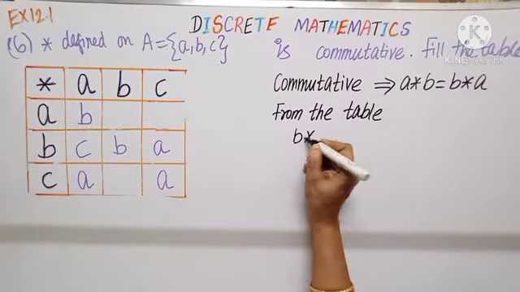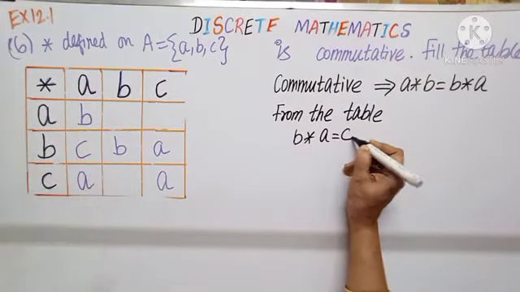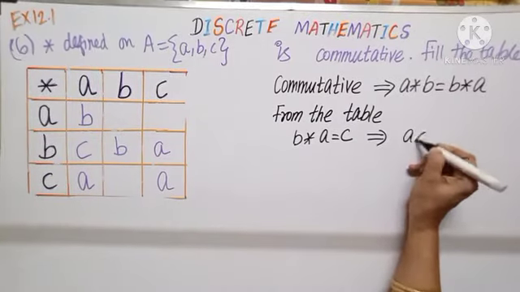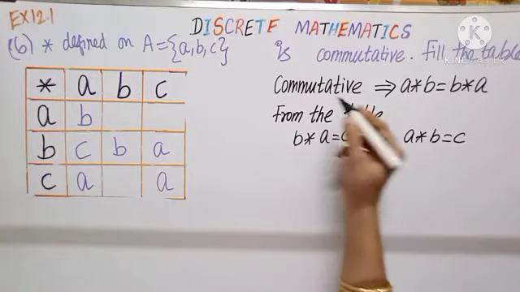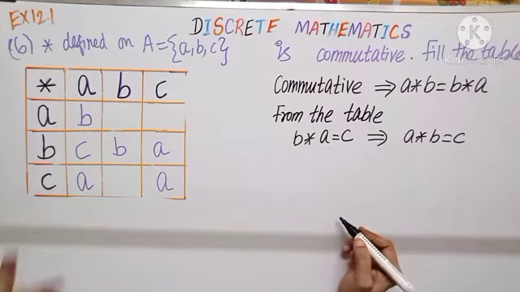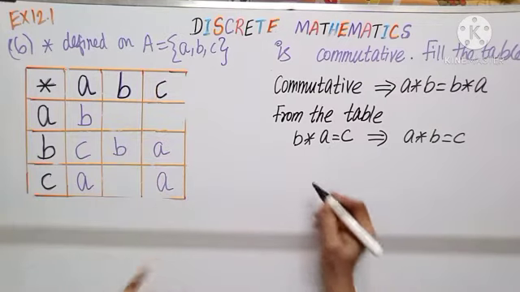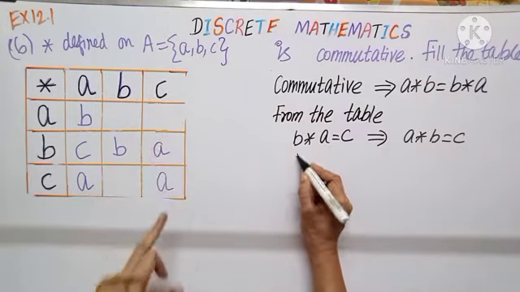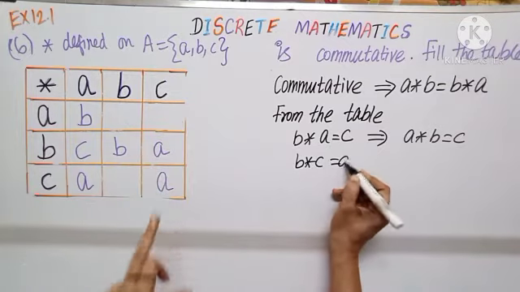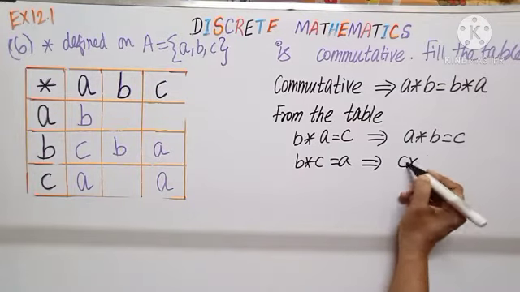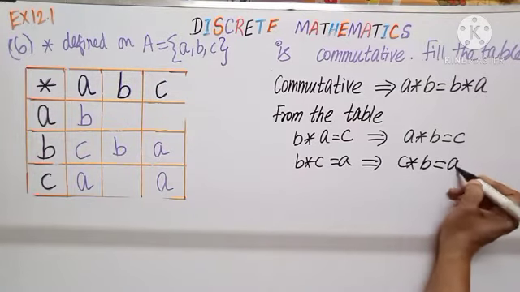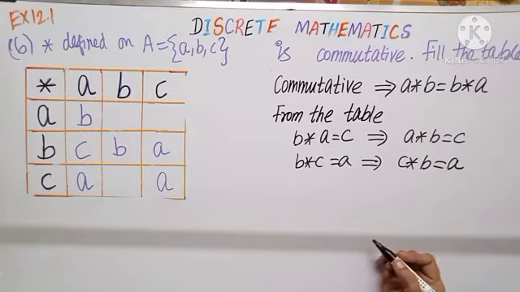So B star A equals C implies A star B is C because it is commutative. B star C, the answer is A. This tells me C star B equals A because star is commutative.